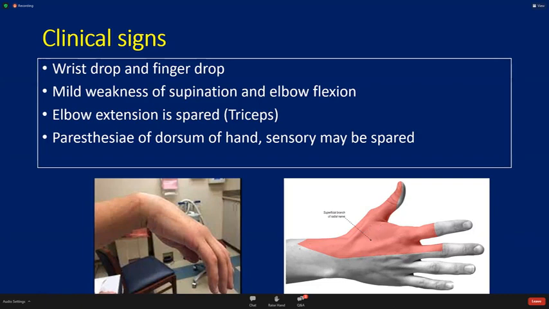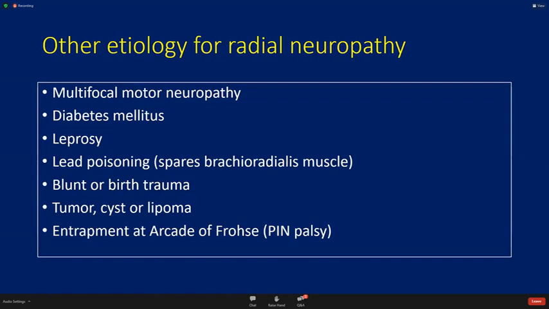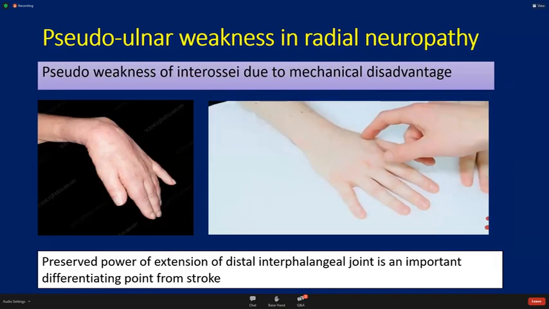Radial neuropathy can occur in certain specific conditions such as multifocal motor neuropathy, leprosy, and lead poisoning. There are 2 things which you should differentiate in patients who present with radial neuropathy. When you examine a patient with a wrist drop, you may feel that there is an ulnar weakness.